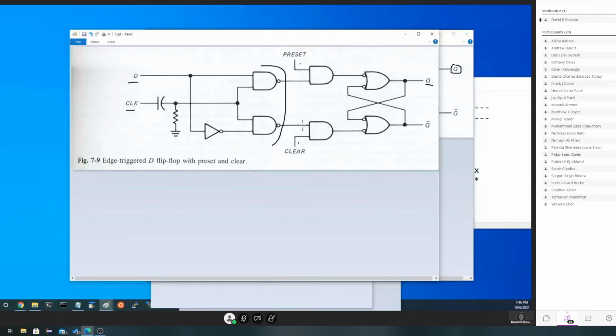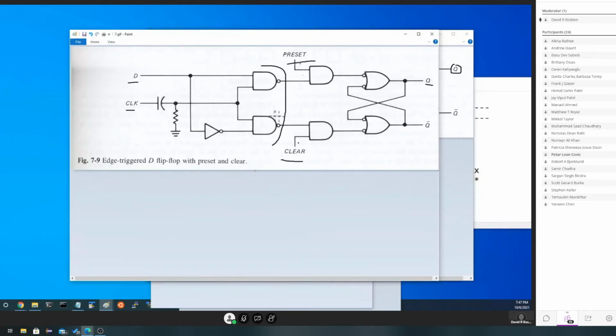Normally I would do that at power on or something, to hold this in a particular state until the D clock is ready to be used. So what they call this is an edge-triggered D flip-flop with preset and clear. You optionally may only have one of these or none of them, but you should be advised that they are available.